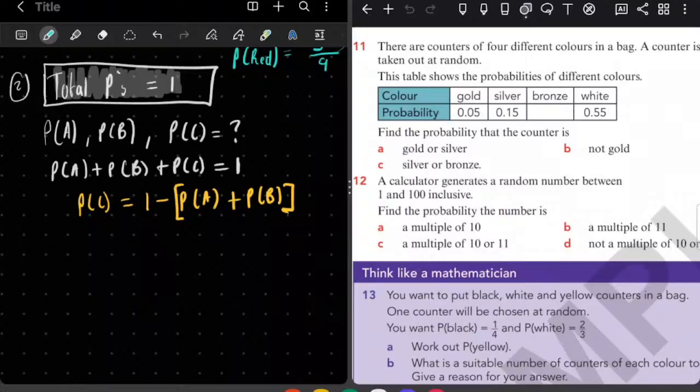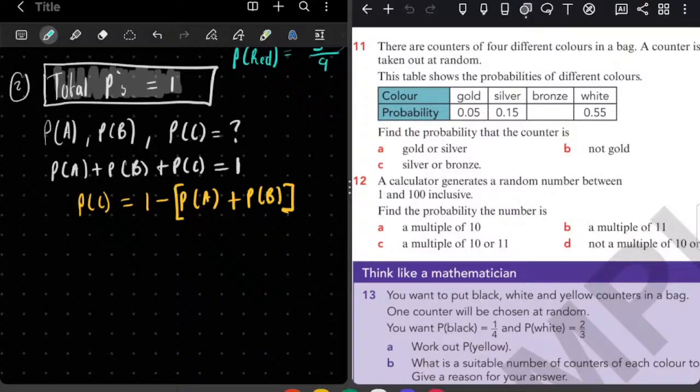So you use it when you are given other probabilities. So I want you to say, when you are asked to find probability and you are given other probabilities, sir, we've been given other probabilities, so we must use the concept of probabilities add to give you 1. Okay?